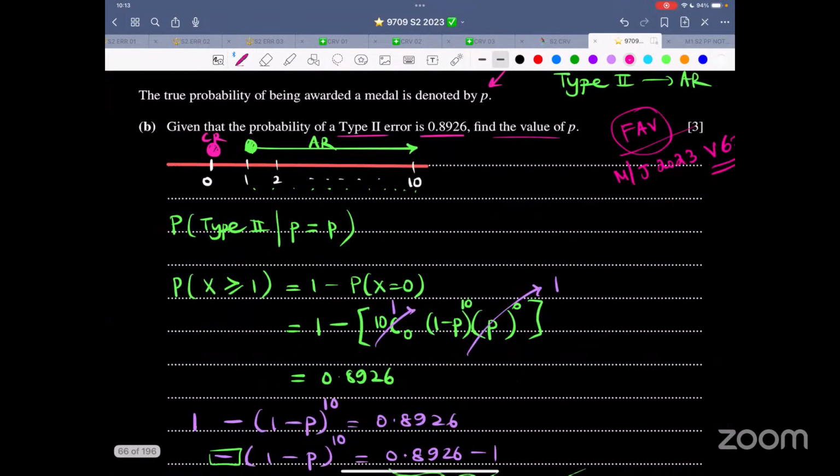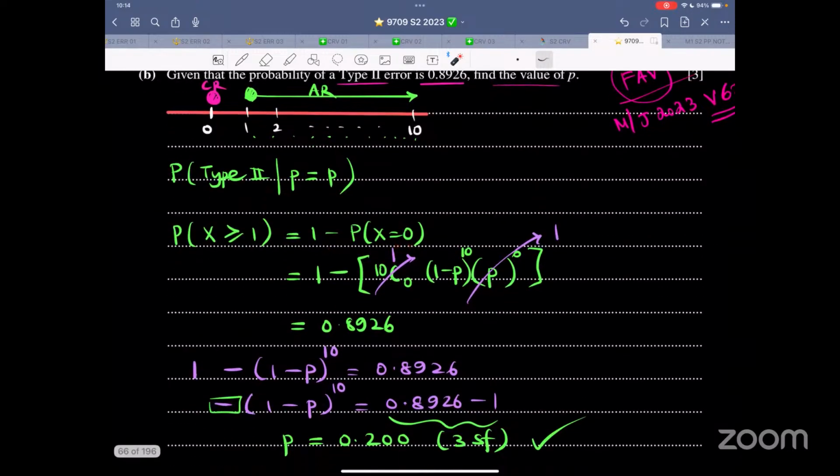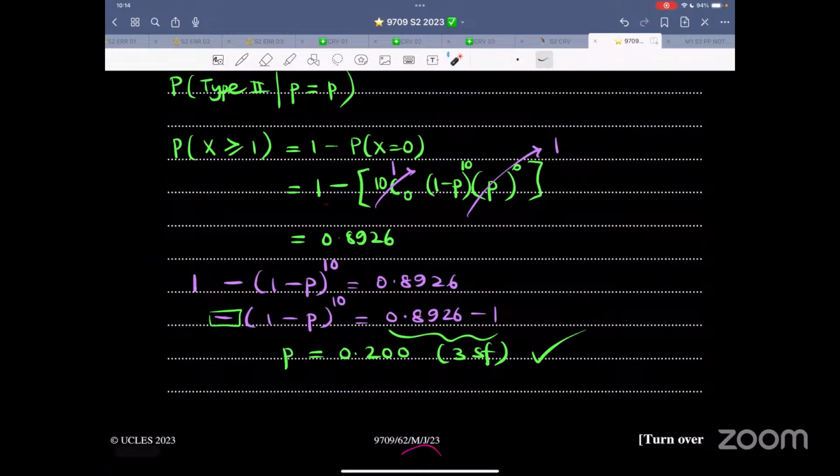Now the true probability of being awarded a medal is denoted by P. This is the first time they are making us calculate the probability, and that is only possible because the critical region was a single integer. Probability of type 1 error: probability of X greater than or equal to 1 is 1 minus probability of X = 0, which is 1 minus probability of failure raised to the power of 10.